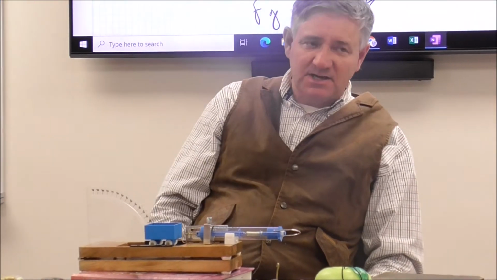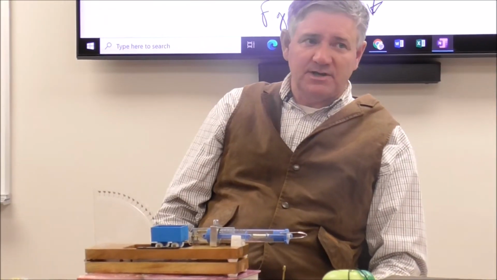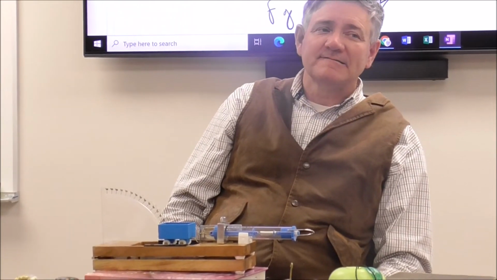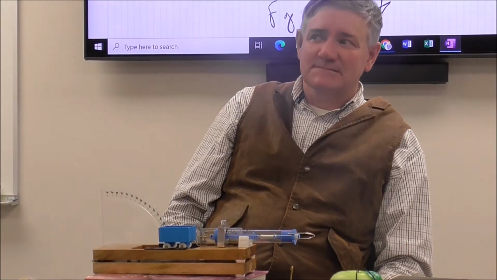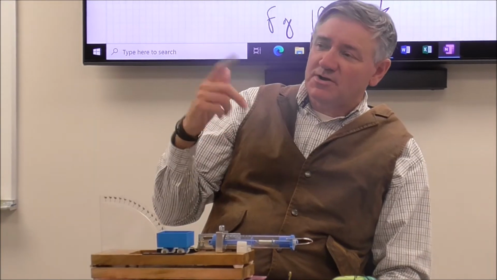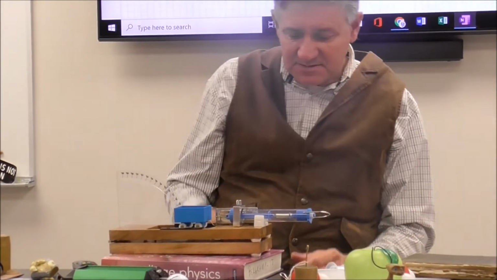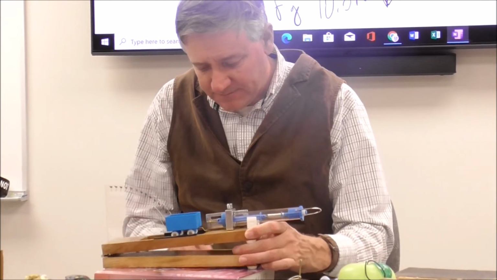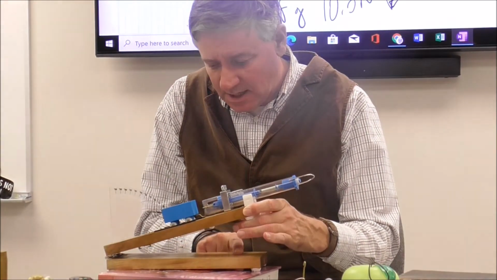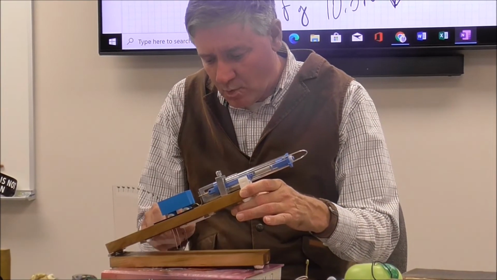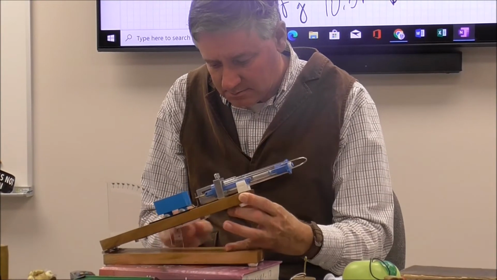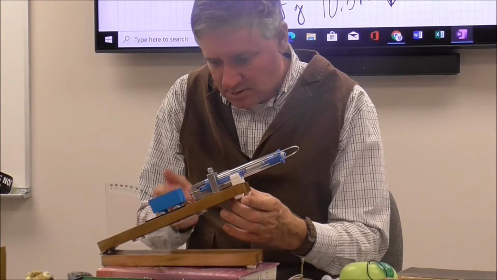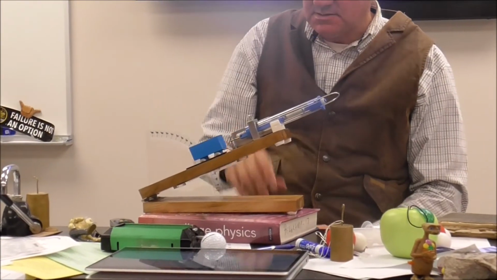Why is the reading on the scale, why is that scale going to get smaller? Is gravity just doesn't affect it as much? It's because the parallel force is increasing. Correct. So you can think of this in terms of vectors. So as I lift this up, what's happening to the weight of this system?